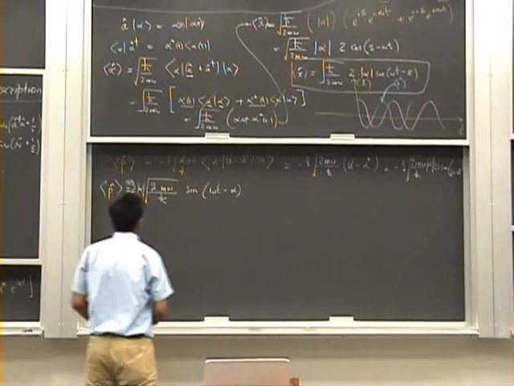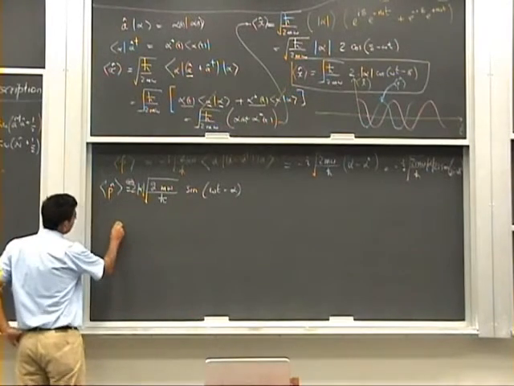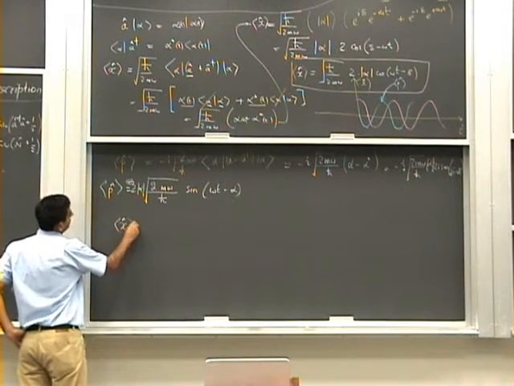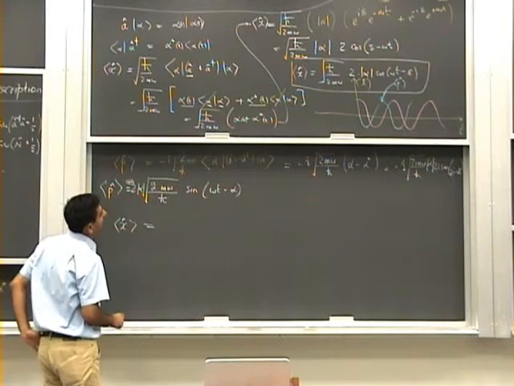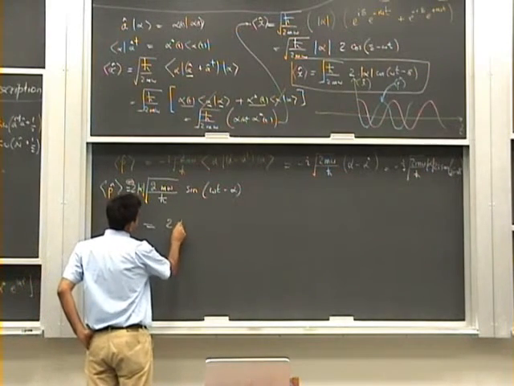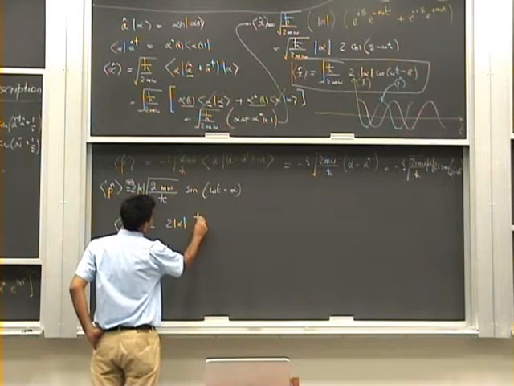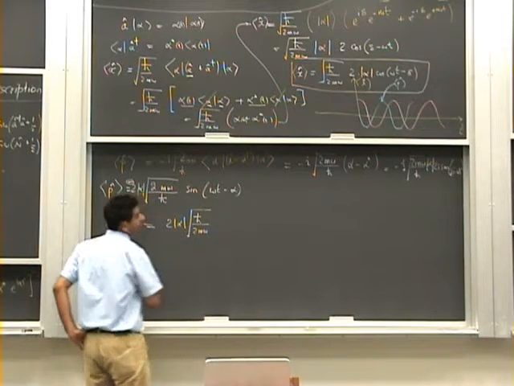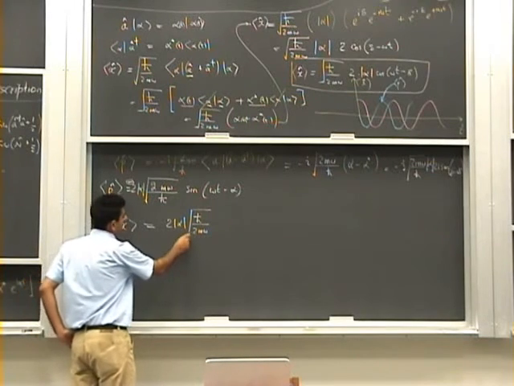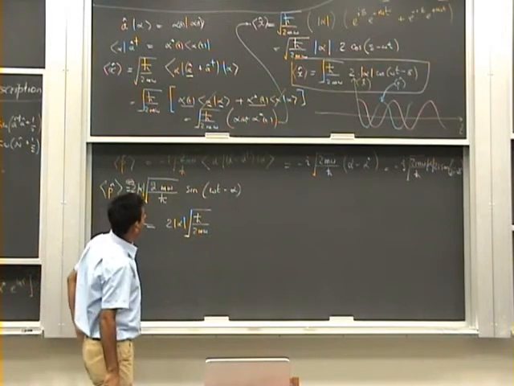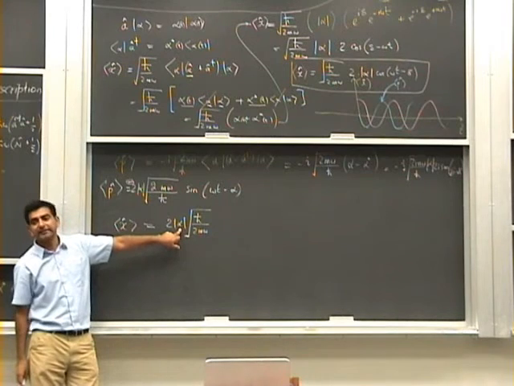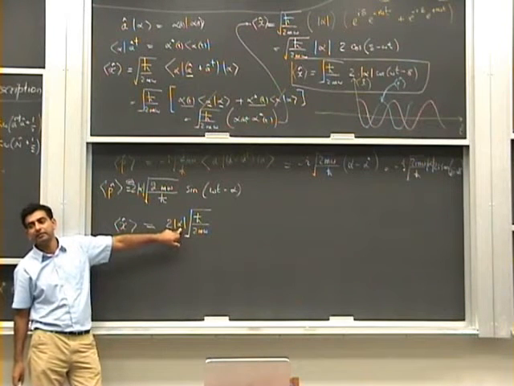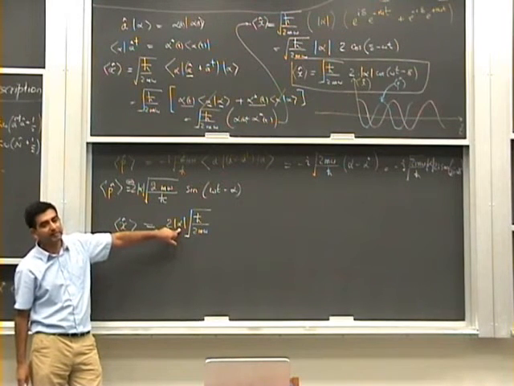So this is the expectation value of the momentum. So in summary, I have the expectation value of the position operator, which is given by, let me write this down again, 2 modulus alpha times square root of h bar over 2m omega. Now remember, what is this alpha? Is this time dependent? This alpha that I have written here is time independent.